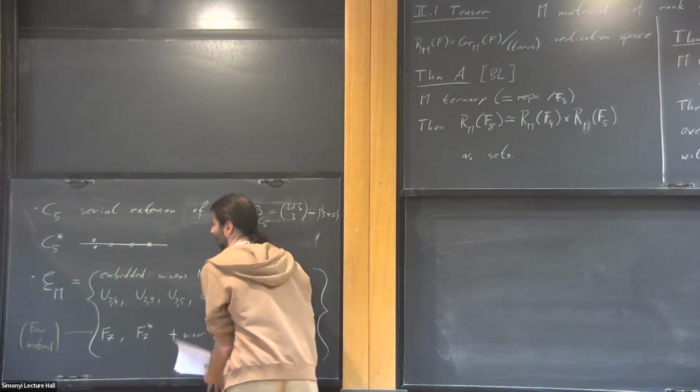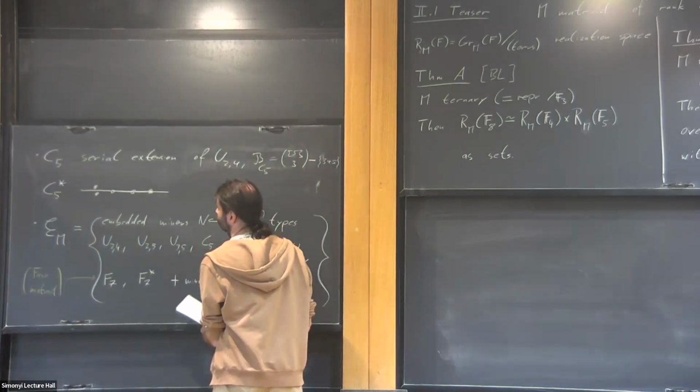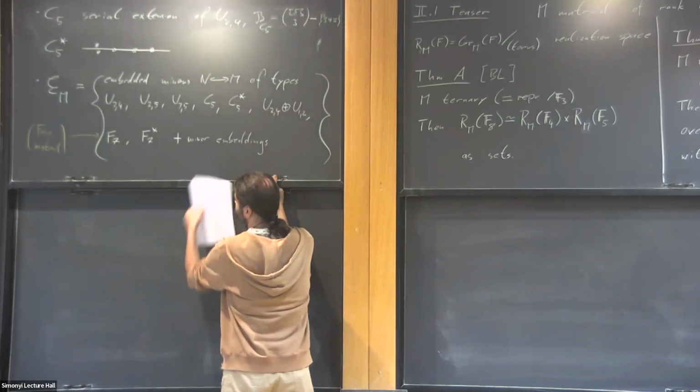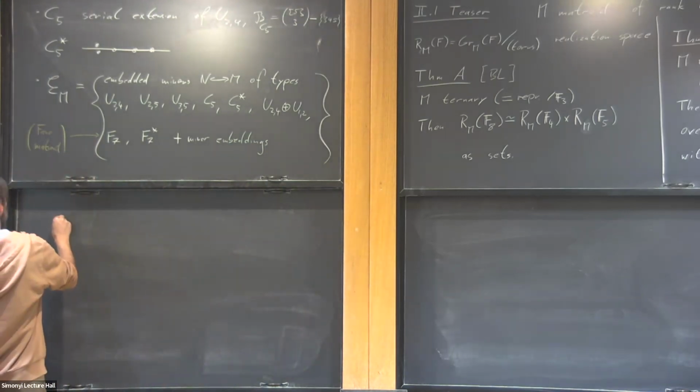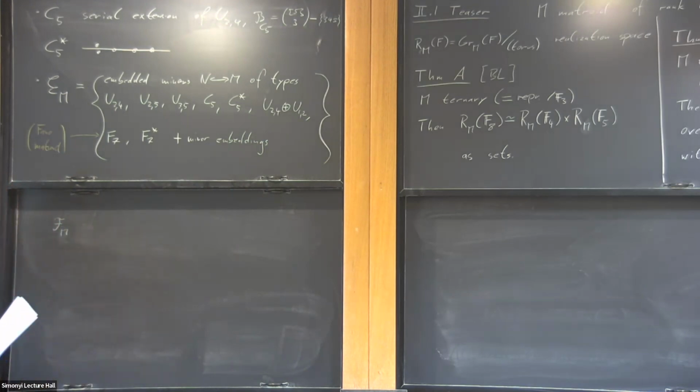Okay. So then what we can do is take this diagram and take the foundations of all of these minors, and the minor embeddings give us pasture morphisms.